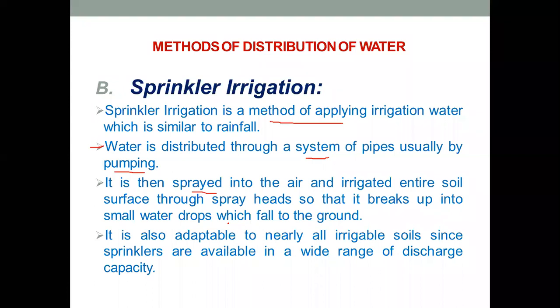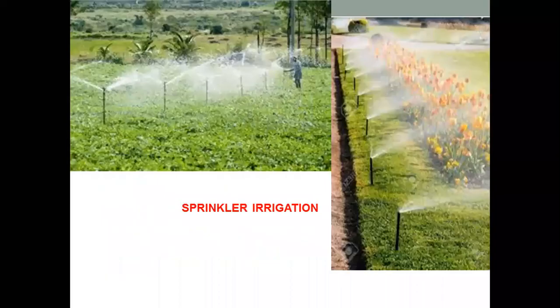Basically, we have some wells or tube wells in which water is pumped from below the earth surface, and that pumped water is transported through a system of pipes to the different points, and from those points the water is sprinkled onto the crops.